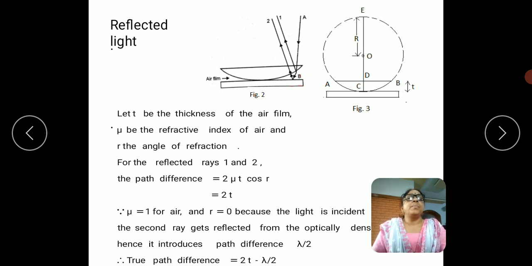Then there is a path difference between them. The path difference is equal to 2 mu t cos r, where mu is equal to 1 and r is equal to 0, because the light is incident normally.